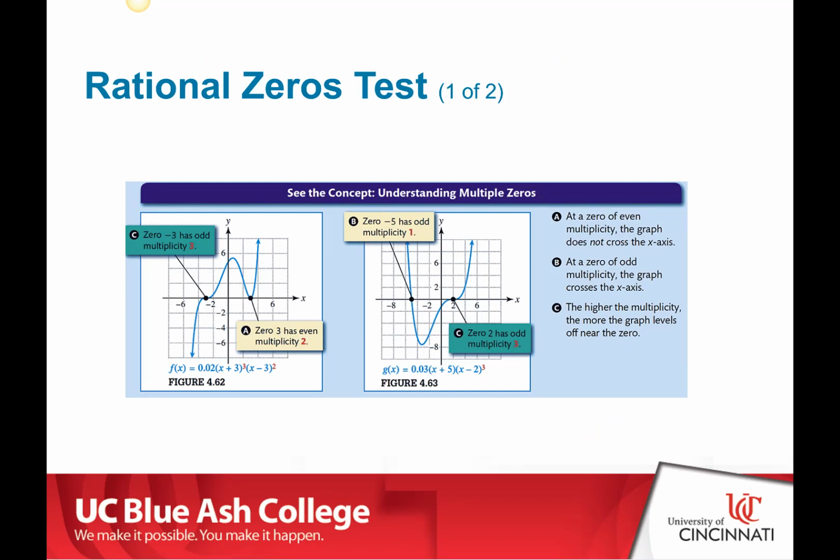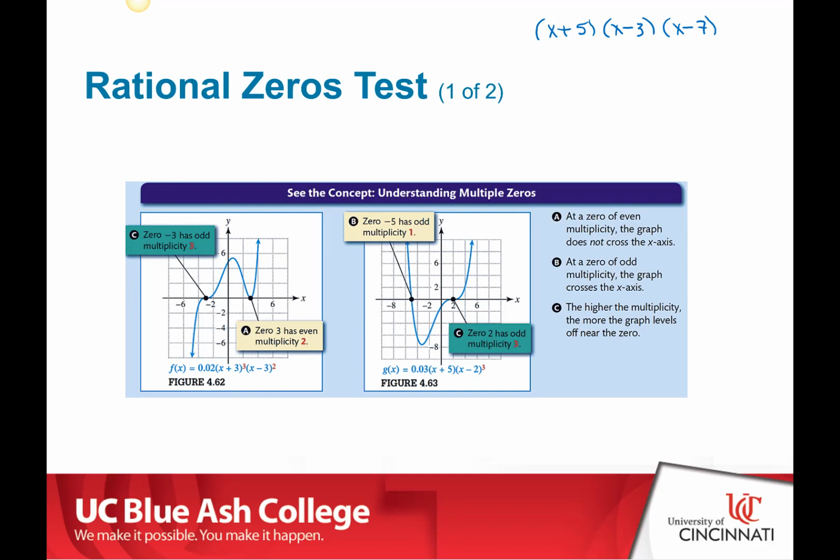If you have zeros that have a higher order multiplicity, you're used to a multiplicity of 1. A multiplicity of 1 would look like x plus 5 times x minus 3 times x minus 7.